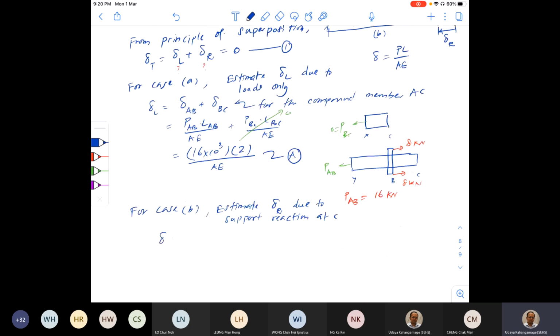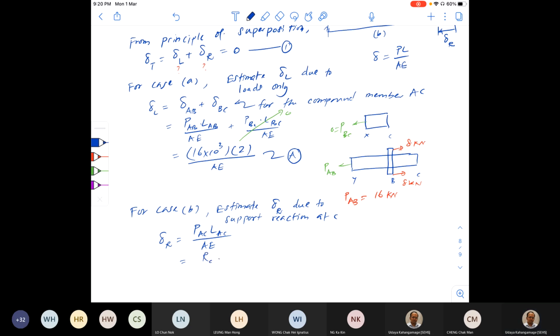It is delta R is equal to PAC into LAC divided by AE. Same A, same E. So what is PAC? RC, right, it is very obvious. So now it is RC.